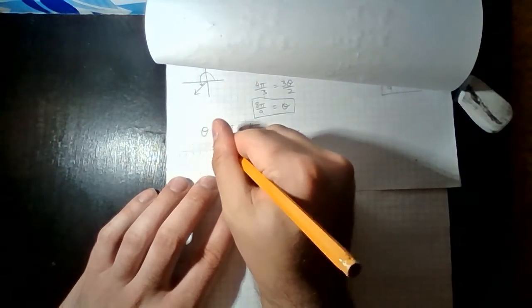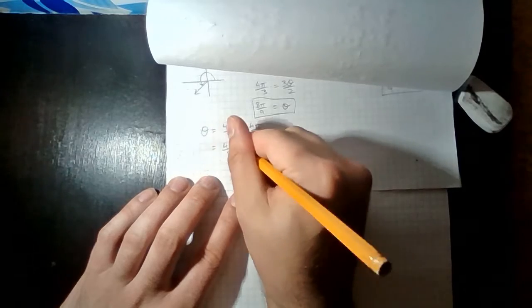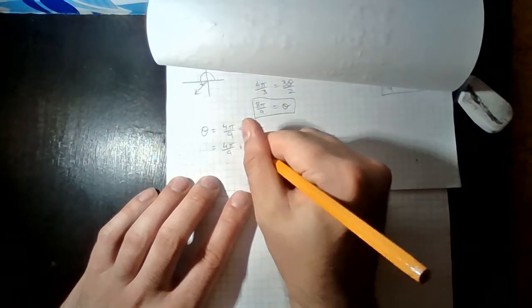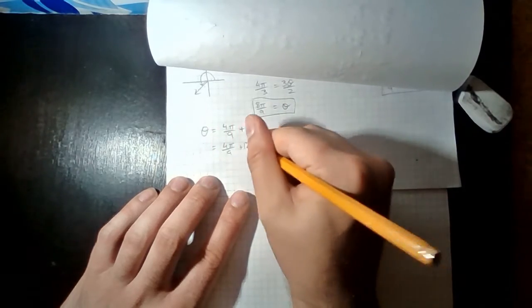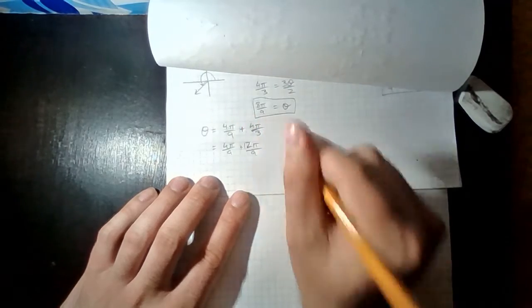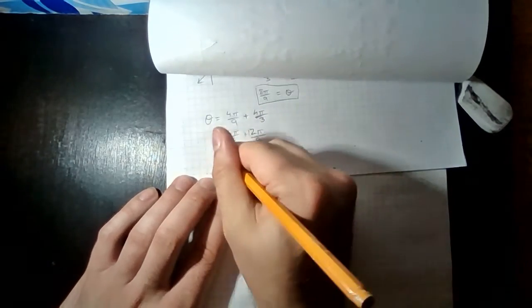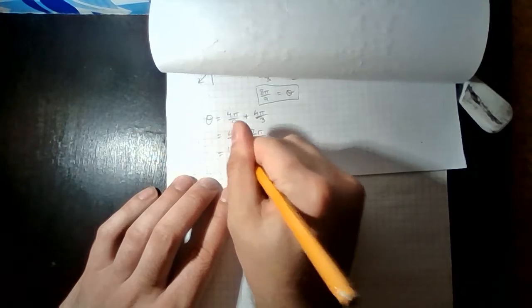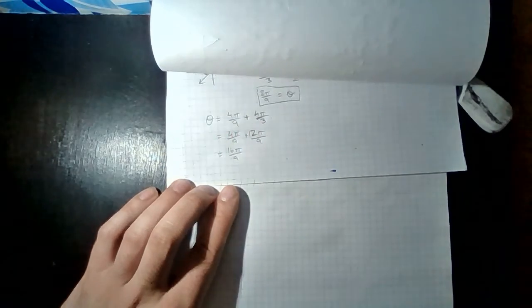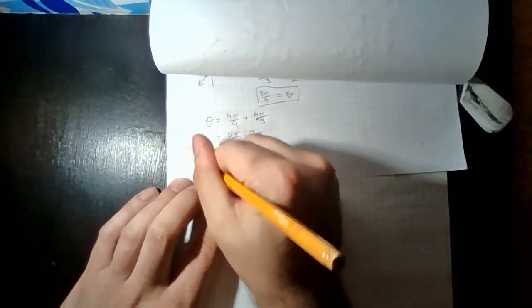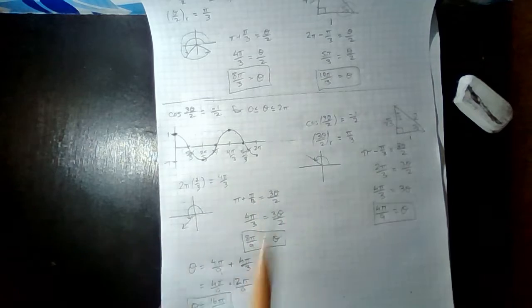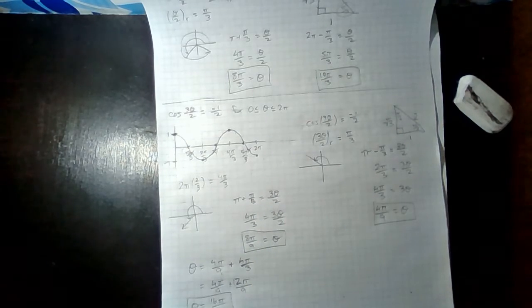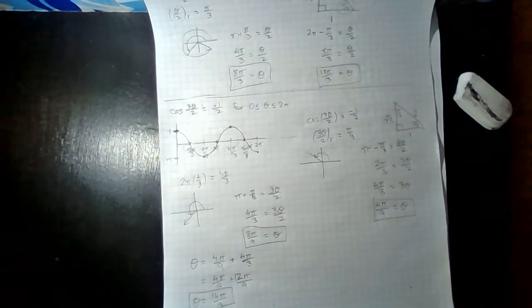In order to get the same common denominator, we need to multiply the second fraction's top and bottom by 3, and we get 12 pi over 9. And so theta has to be 16 pi over 9. And that gives us a third answer less than 2 pi. So all three answers are within that range. I believe we got one more here.